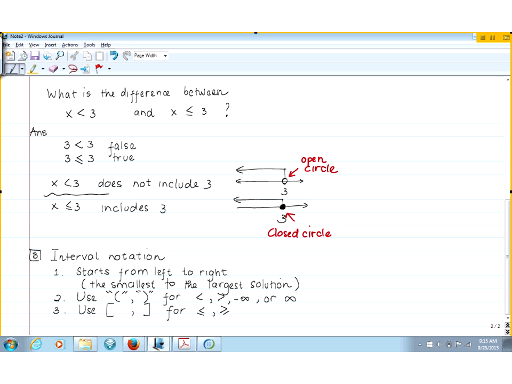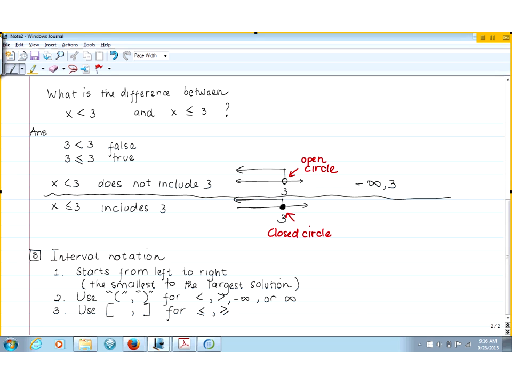So how do I write the interval notation for the first one? Let's write an interval notation for this. What's the smallest solution? What's the leftmost? Negative infinity, right? What is the smallest solution on the left? We don't know. We use negative infinity, comma, 3.